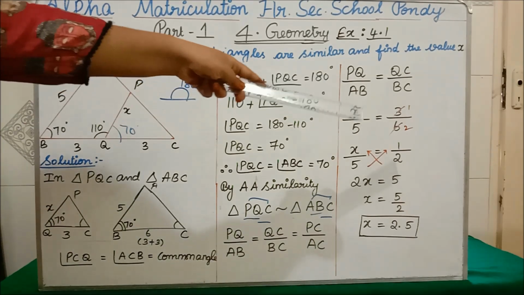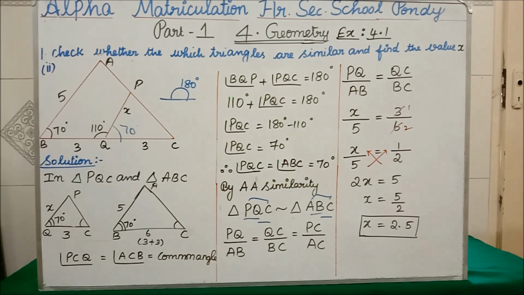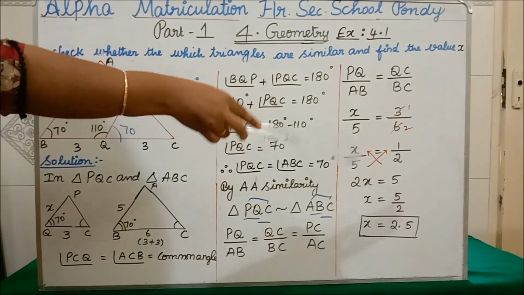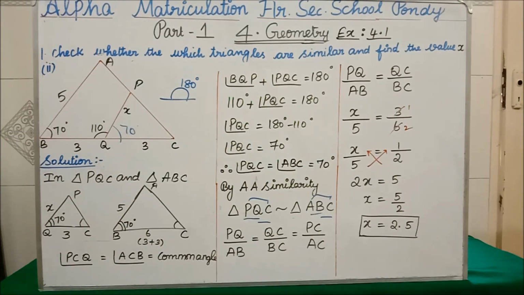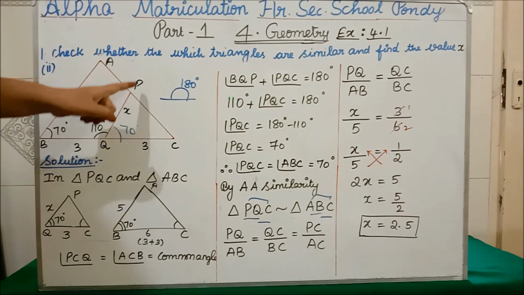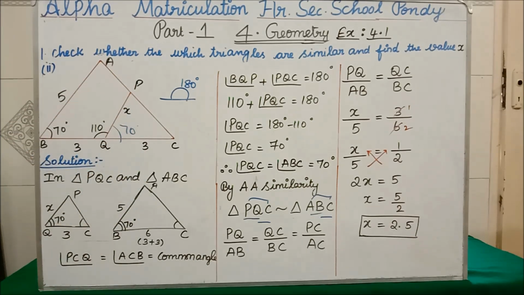So once we cancel 3 by 6 we will get 1 by 2. Afterwards we do cross multiplication: 2 into x is 2x, 5 into 1 is 5. So x is equal to 5 by 2. So the value of x is 2.5. Clear, all of you? Okay, now next we are going to prove the second sum.